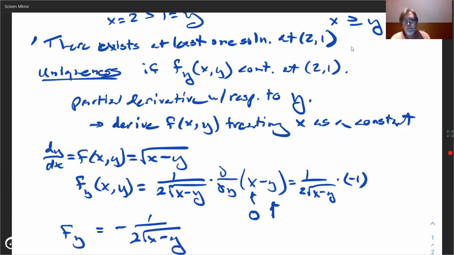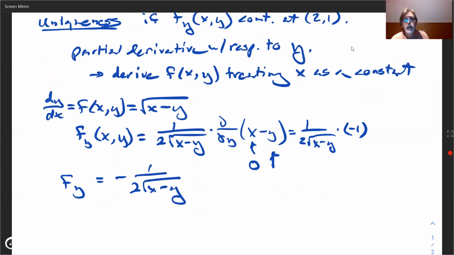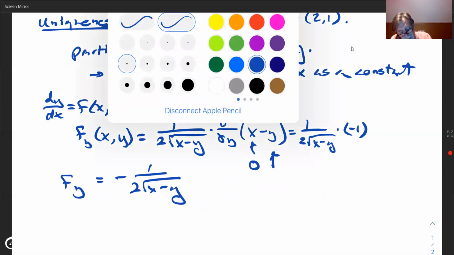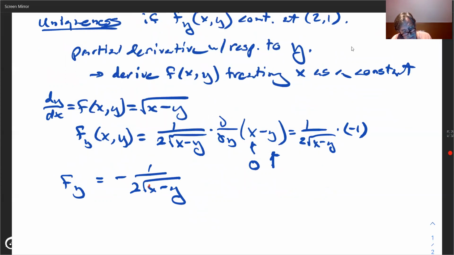And all we really want for this exercise is to know, is it continuous at 2, 1? Okay, well, this thing is continuous everywhere, except, let's put this in red, you got to worry about this guy. This time, x minus y has got to be strictly greater than 0, because if it is 0, you're dividing by 0, that's an issue.